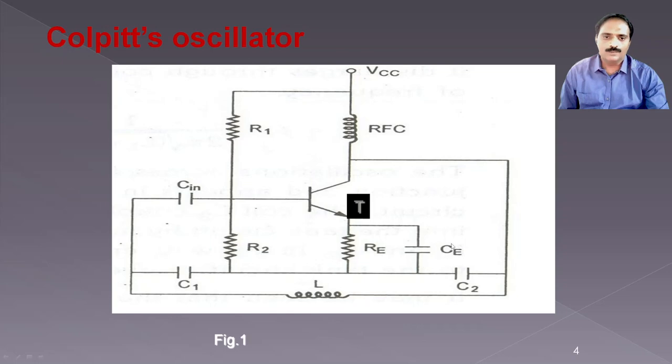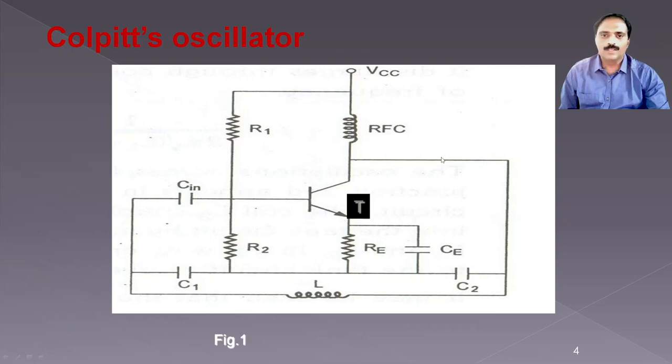And CE, the emitter capacitor, is going to reduce the overall reactance of this path so that the signal flow will be uniform and smooth. The RFC, radio frequency coil, is going to block the AC, and whatever output we are going to get here, this output is going to be given as input through this capacitor to the tank circuit.